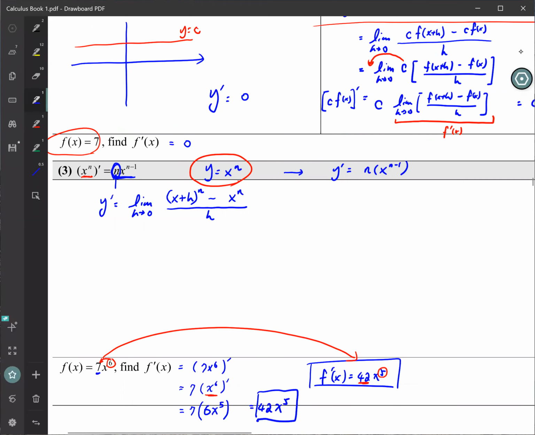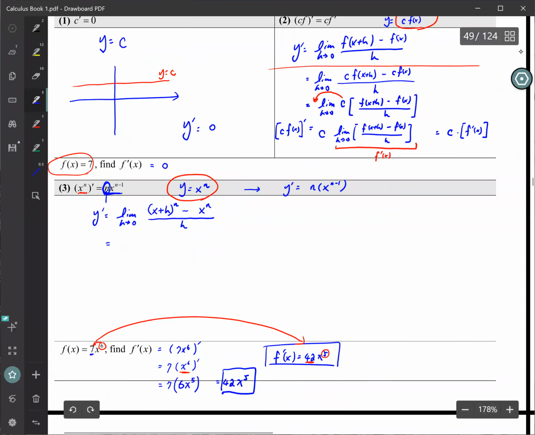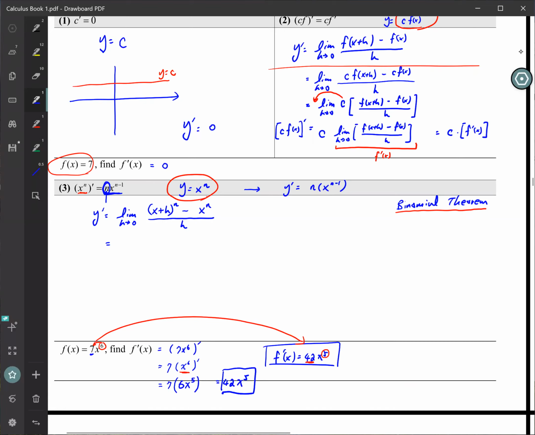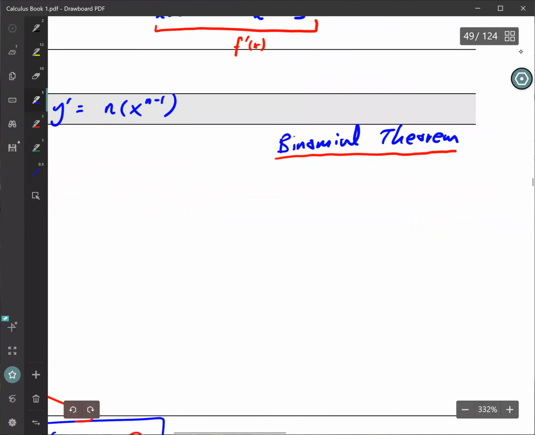All right, so now from here, this part we need something called the binomial theorem. They used to teach this in grade 12, but they have taken it out, okay? But it's just a formula that we can use whenever you try to expand a binomial. Binomial means two terms, okay?